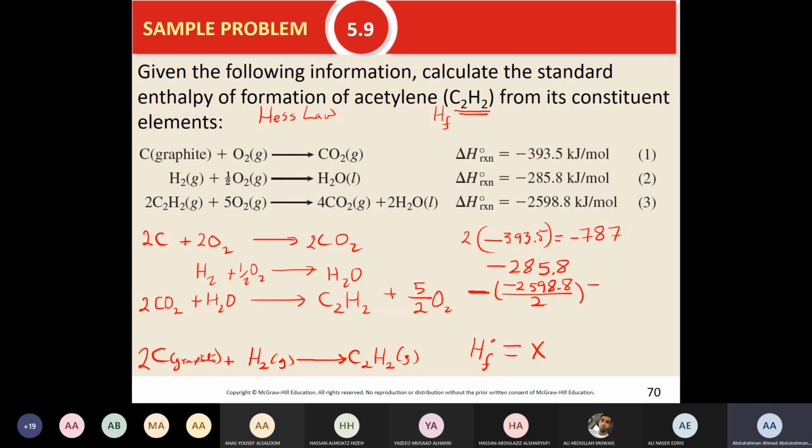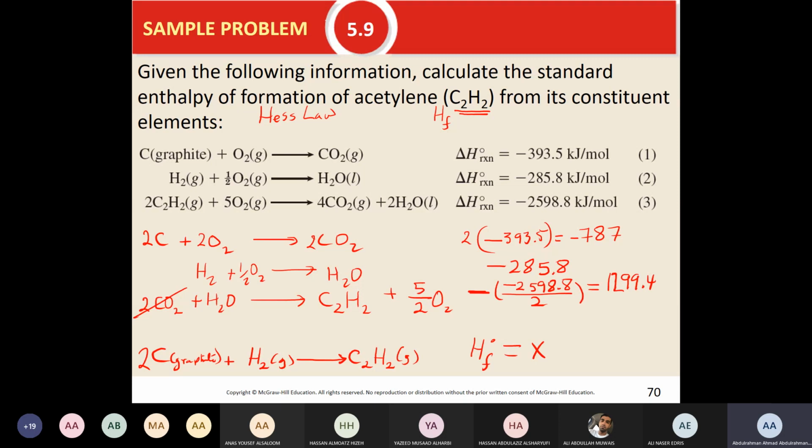What's the answer? 1,299.4. Are you sure? Good. Now, are we able to get rid of everything else?